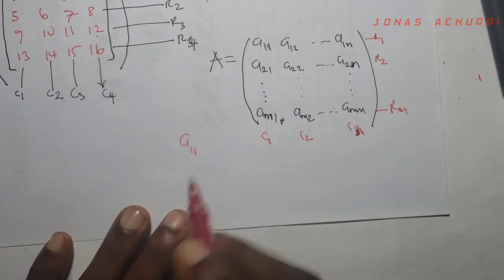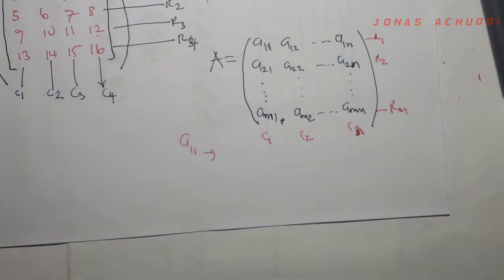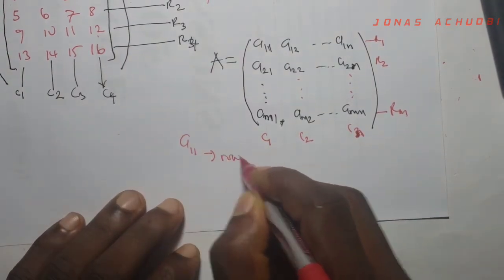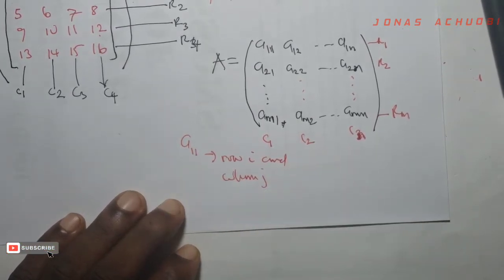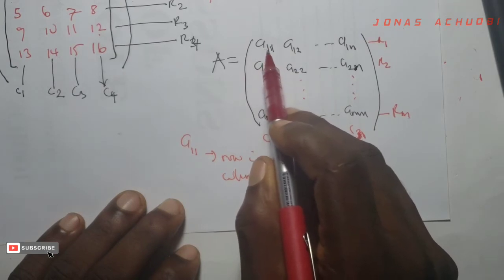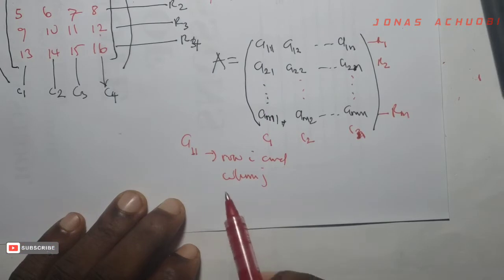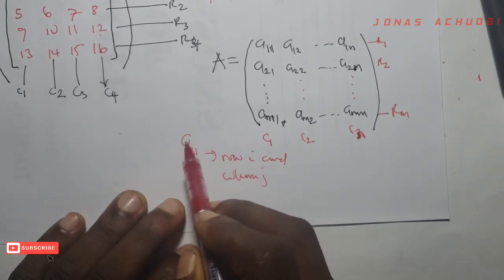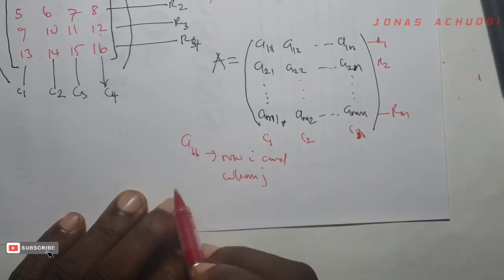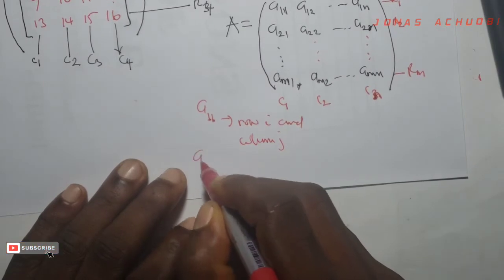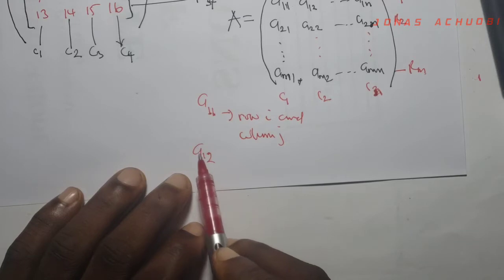This entry a_ij in matrix notation would mean that a is the entry of the matrix that occupies row i and column j, where the first subscript denotes the row of the entry a, and the second subscript denotes the column of the entry a. So this second entry, a12, would mean that this entry a is in the first row, row 1, and the second column.